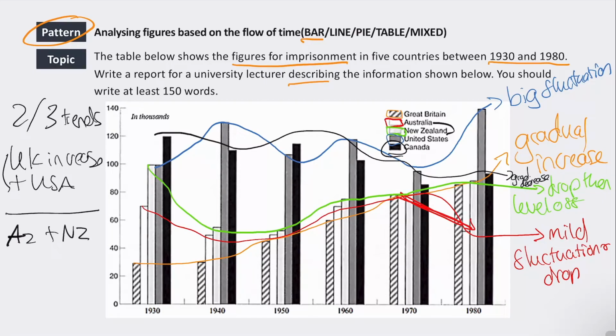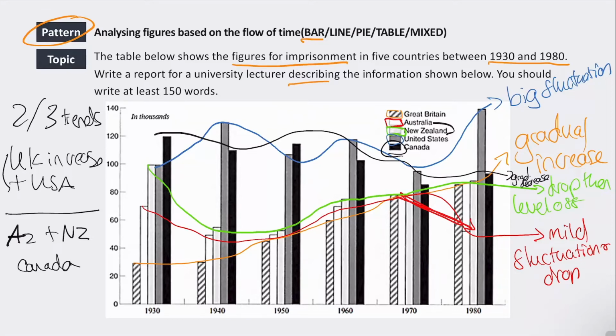Looking at the red and the green, they both got this curve downwards, then up, and while New Zealand keeps going, Australia's got this sudden drop. Then Canada is more the fluctuating, and then a gradual decrease, so you might want to throw them in at the end. So I kind of split it like that, I think.